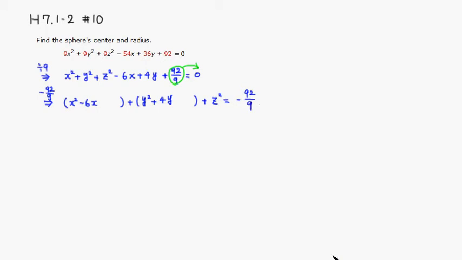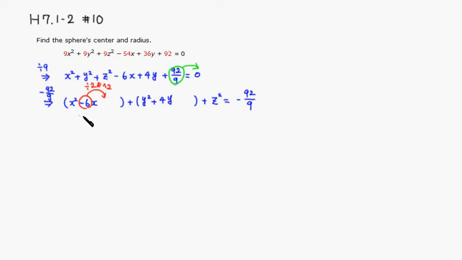Then we have to think about what number we need to complete the square. So we always take this number, first divide it by 2, then after that you square it.